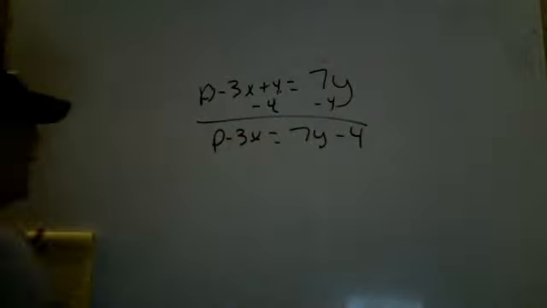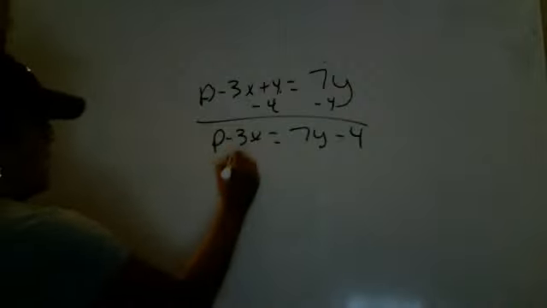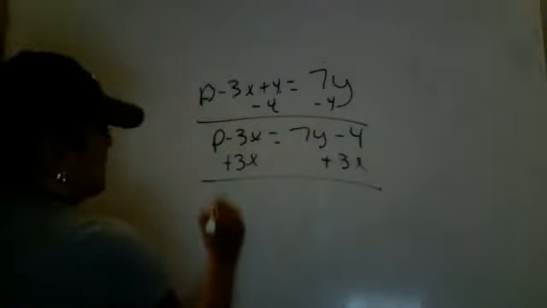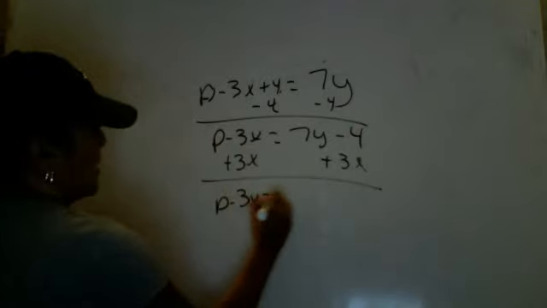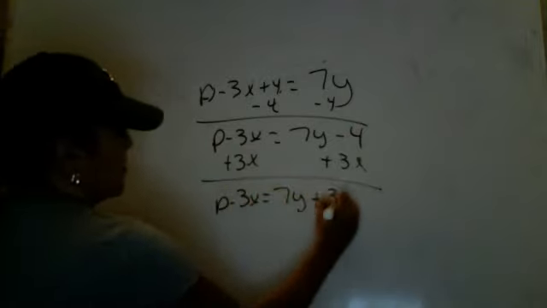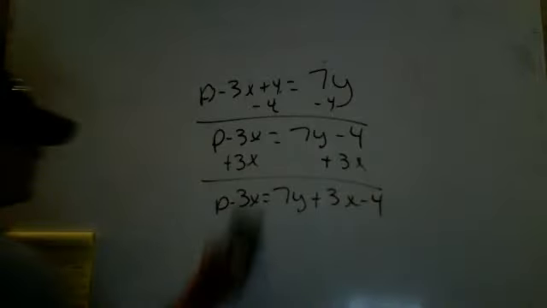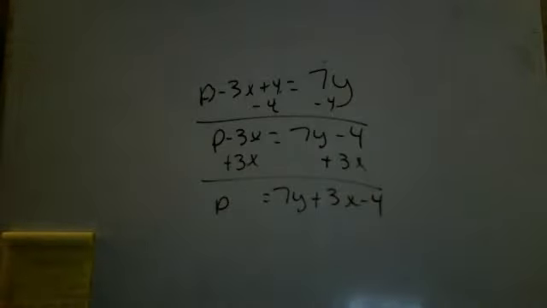They're not like terms, I can't combine them. How do I get rid of that? I'm going to add its opposite, so I do it to both sides, and I get p equals 7y plus 3x minus 4. So I get the same thing, just a different approach. Both work, either one you can use, it doesn't make any difference. That's it.